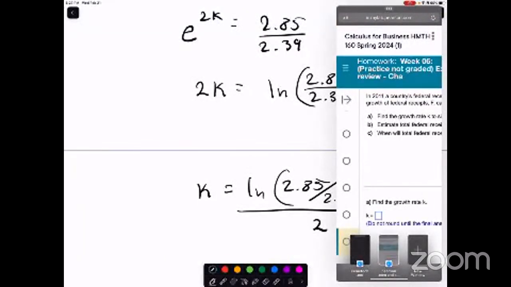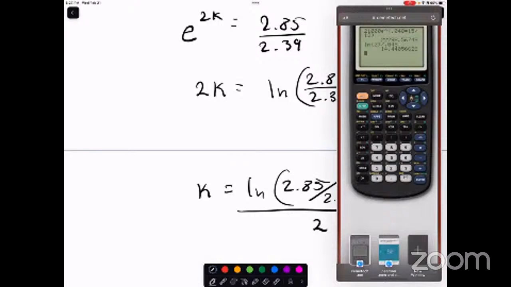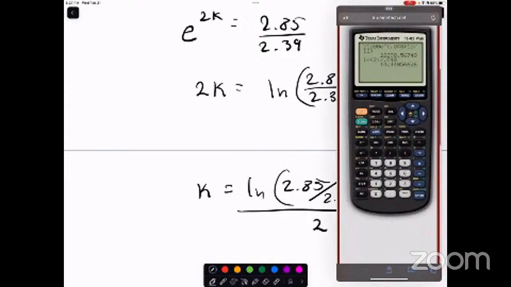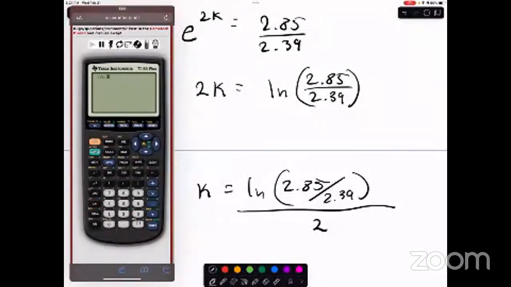Full screen. There we go. So clear. We've got the natural log of 2.85 divided by 2.39, and then divided by 2.